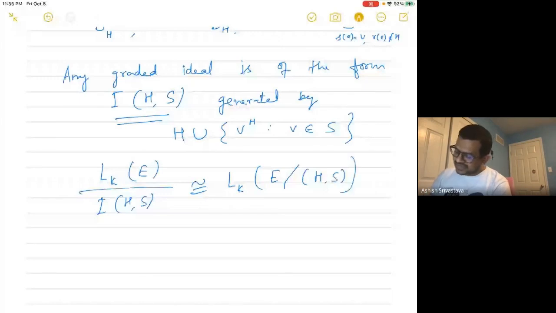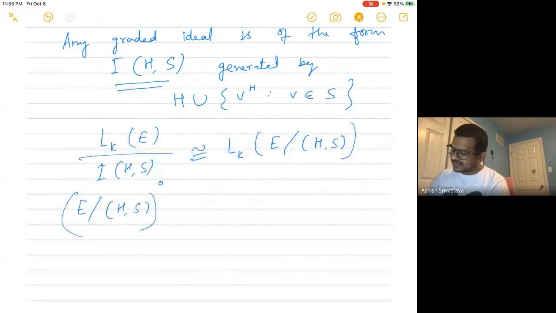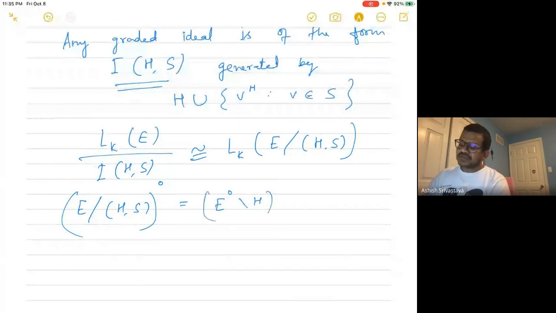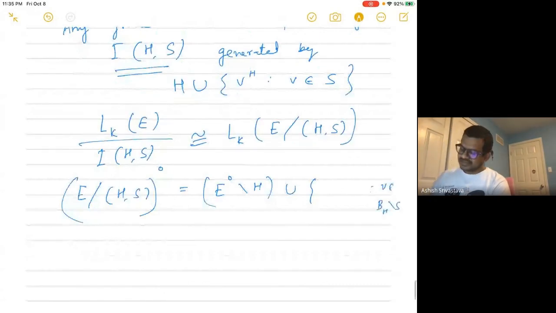Well, the vertices are E naught without H, union, for any v in the breaking vertices without S, you put a v prime.